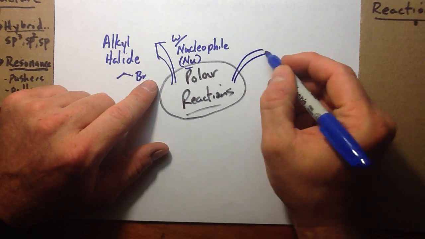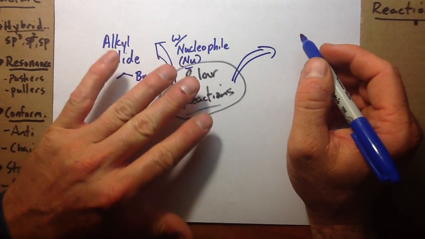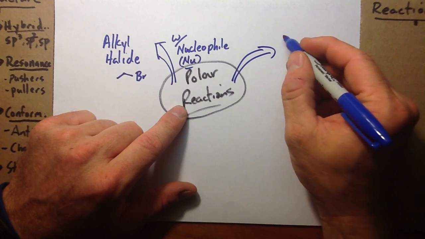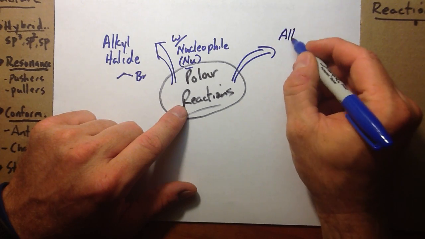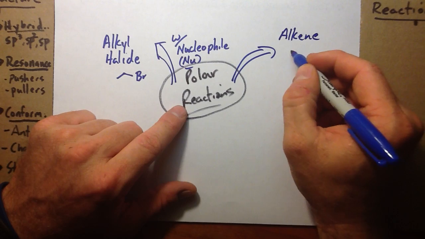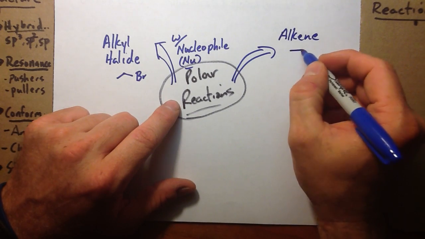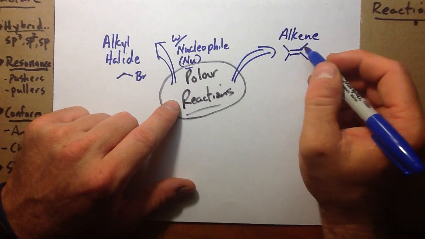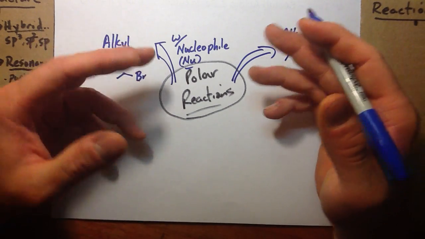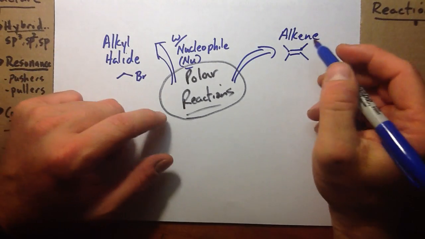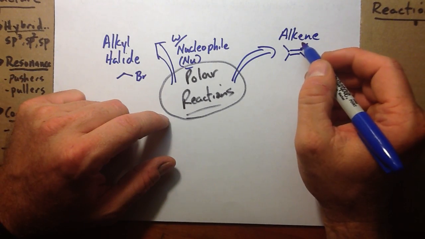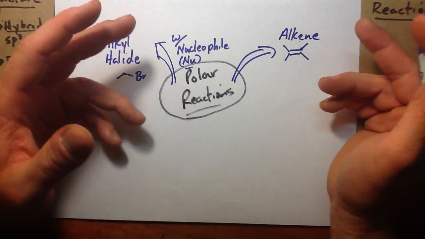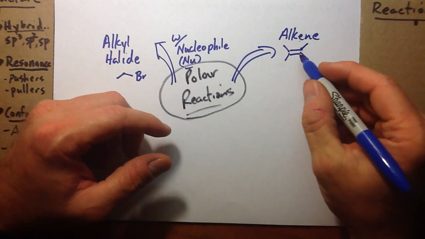Second, the second reaction is going to take us in an altogether different direction. We're going to consider alkenes, alkenes reacting not with nucleophiles. Alkenes have to have at least a pi bond. The alkane is a hydrocarbon that's completely saturated. Alkenes, with the E here, are hydrocarbons that have at least one pi bond present.